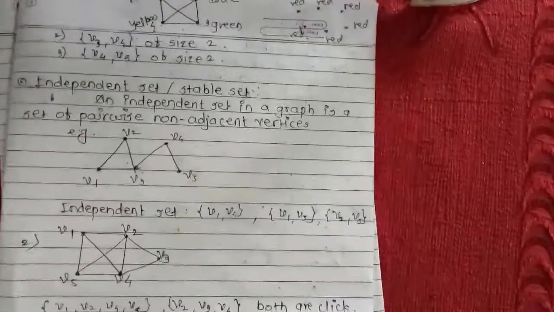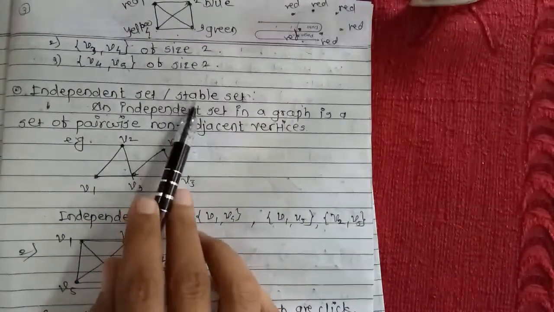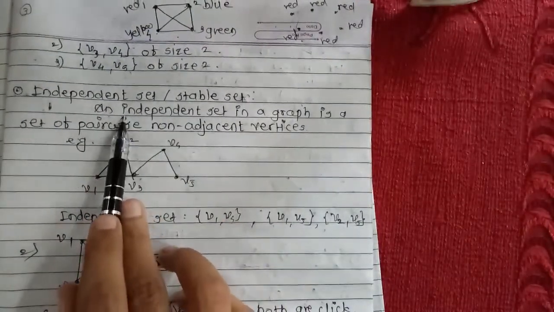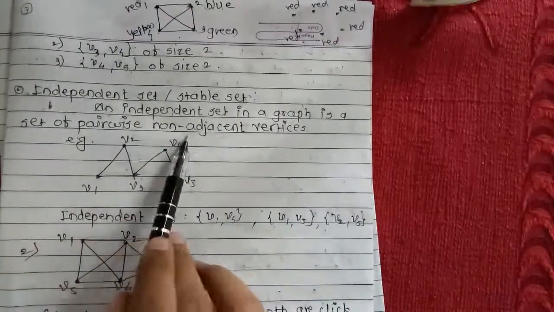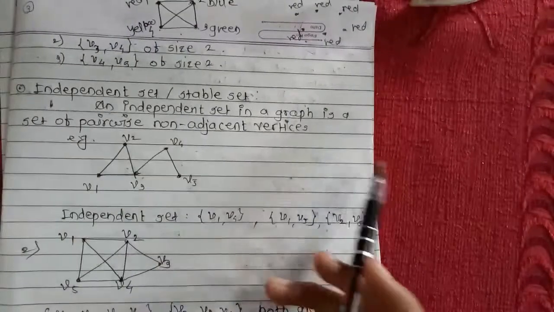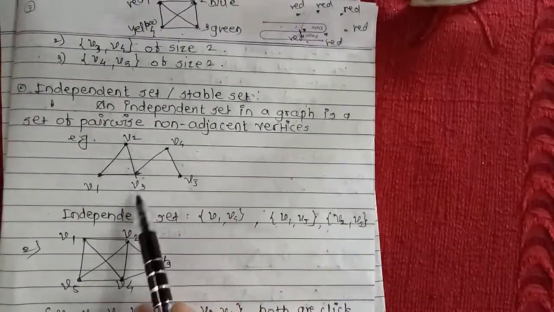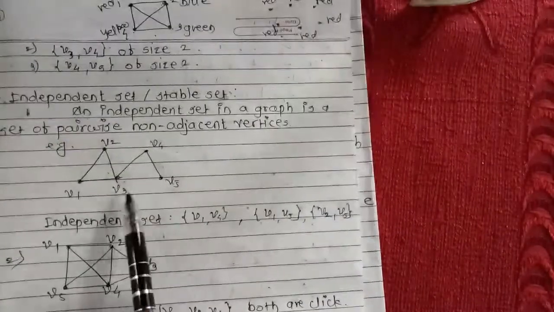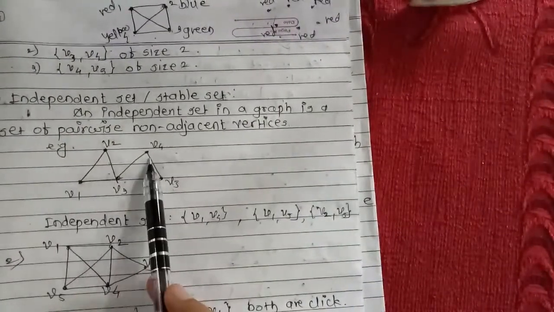Now the next definition is an independent set, or stable set. An independent set in a graph G is a set of pairwise non-adjacent vertices, right? If we observe this graph, the vertices V1 and V4 are not adjacent.